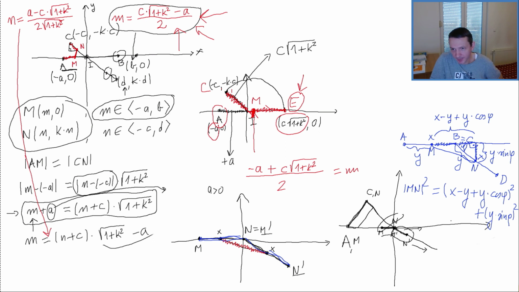plus (y times sine phi) squared. And I shall now skip this part. This is now much easier to minimize than before.